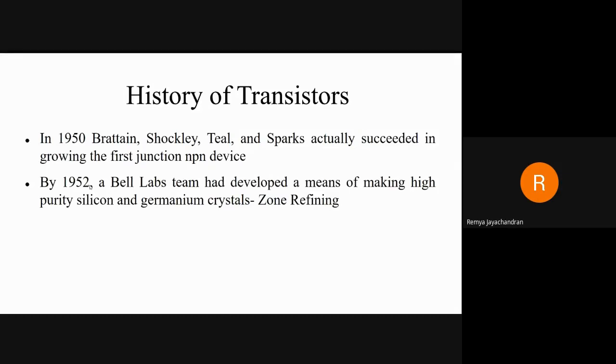So the concept of the transistors was going on. Parallel to that, the fabrication of this device was also going on. For efficient working of the transistor, we require high purity silicon and germanium crystals. So at that time, the Bell Labs team developed the zone refining process of making them.